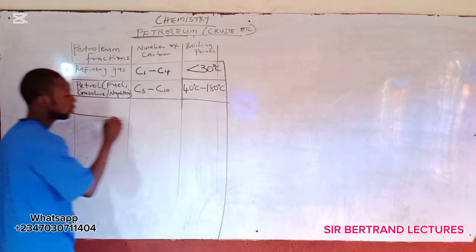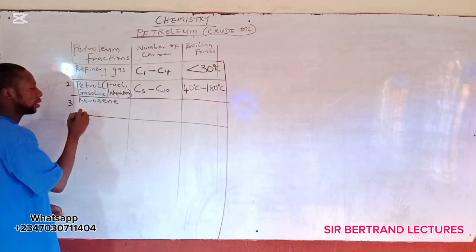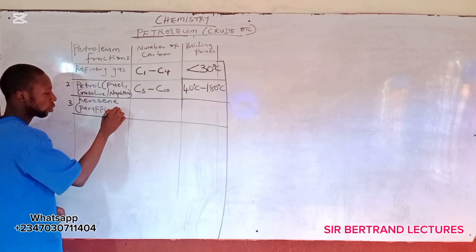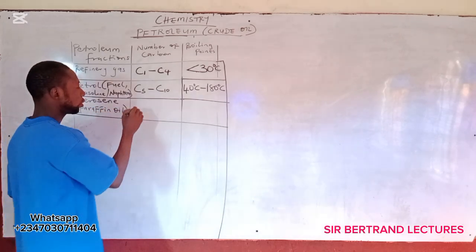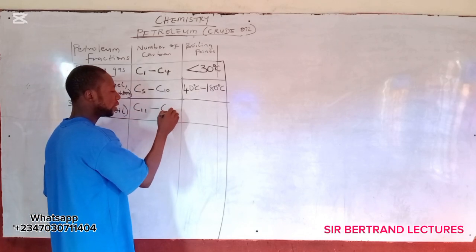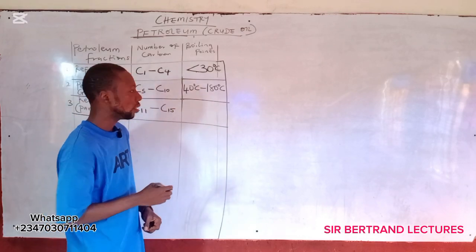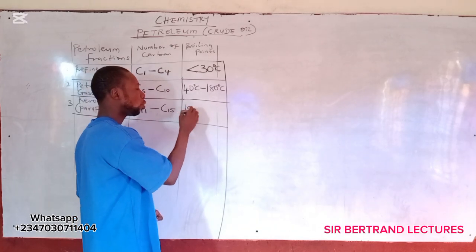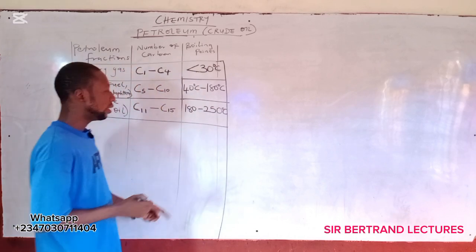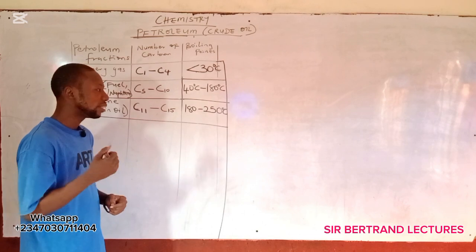The number 3 is kerosene, which can be called paraffin oil, containing carbon number 11 to carbon number 15. Then kerosene is refined at a temperature of 180 to 250 degrees Celsius. This is the temperature at which kerosene is refined during fractional distillation.